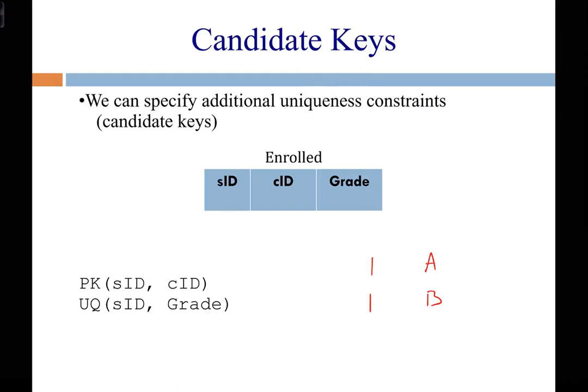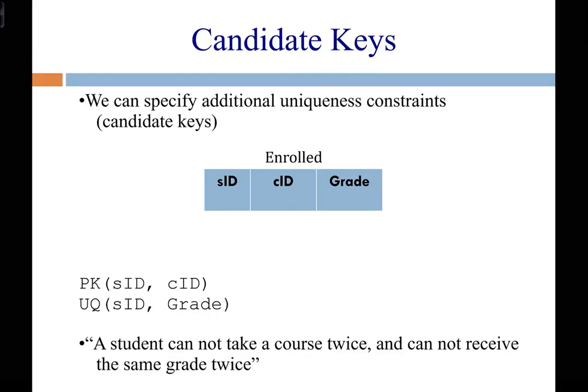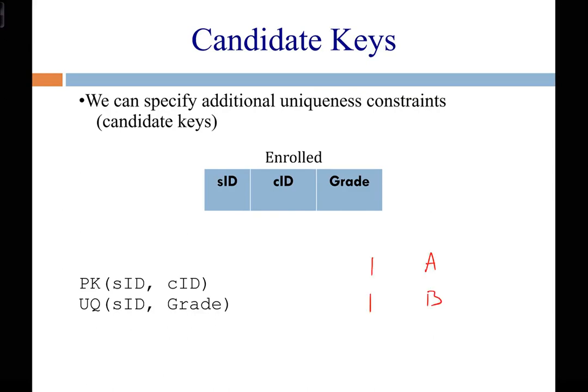So it's kind of tricky to get to the real meaning here. I could not have any other combination of student ID receiving an A, so let's say this is class X, this is class Y. I cannot have these two things repeated.